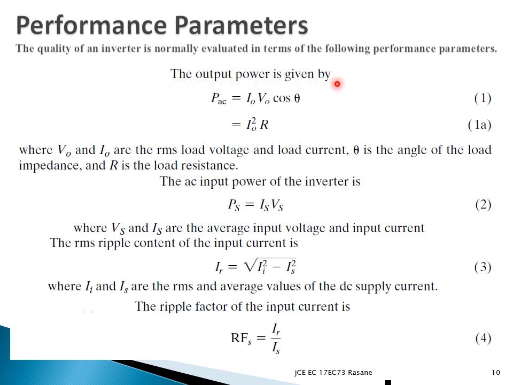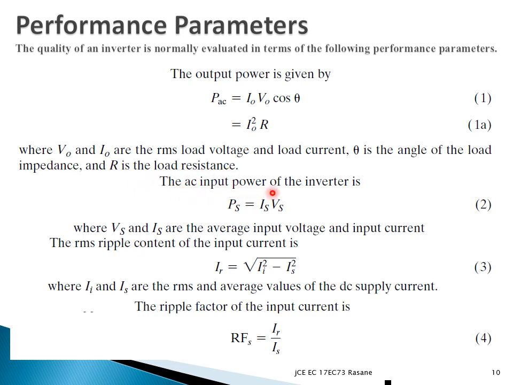First one is the output power, which is given by PAC, which is equal to I naught V naught into cos theta. And this can be summed up as I naught squared into R, where both V naught and I naught are the RMS load voltage and load current, and theta is the angle of the load impedance and R is the load resistance.